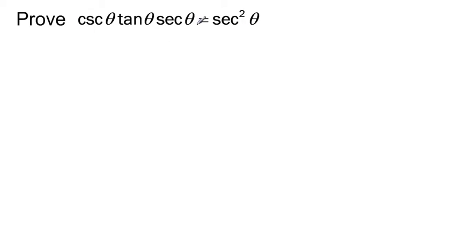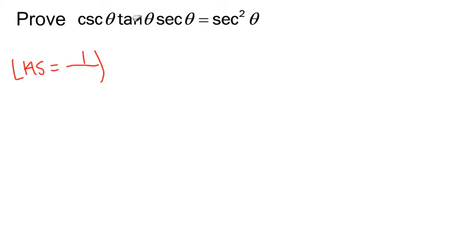So I'm going to take this guy and rewrite it in terms of sine and cos. And let's see, hopefully something will cancel out. Left-hand side is equal to, so cosecant theta is the same as 1 over, not 1 over cos, 1 over sine.